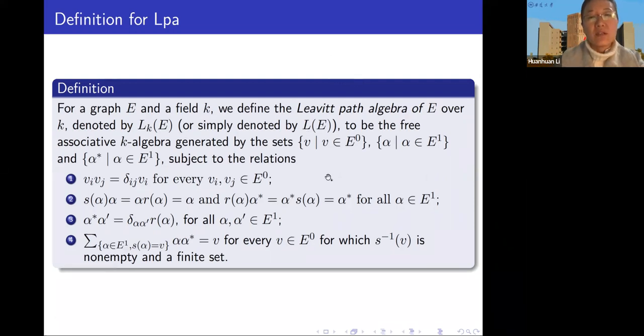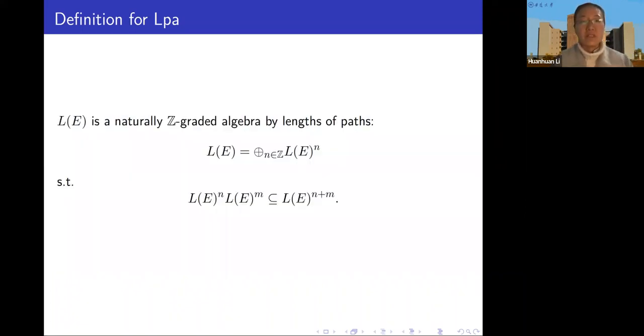In our case, we always assume our Leavitt path algebra is over a field K. Actually, we can give a Leavitt path algebra a natural Z-grading by setting the vertices to be degree 0, the edges to be degree 1 and the star edges to be degree -1. In this way, the Leavitt path algebra is Z-graded.